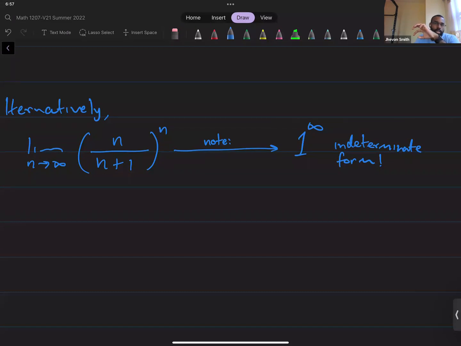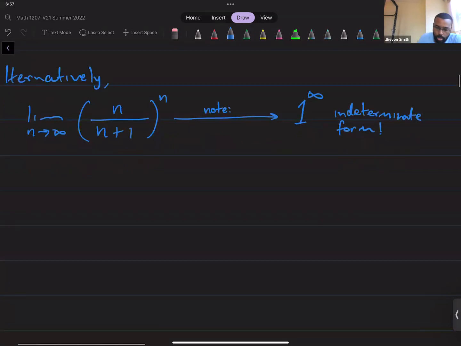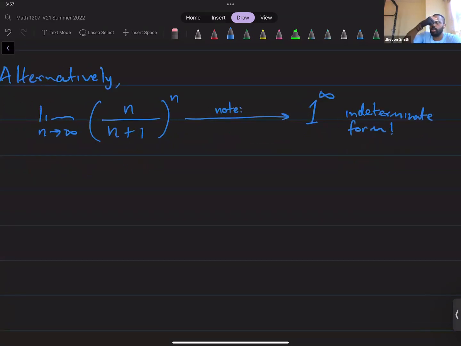If the power going off to infinity is the issue, we can bring it down by using ln's. You can either log both sides, saying y equals this and taking the log of both sides, but you can also rewrite it on the spot, which to me is the preferred method. You can rewrite that thing as e to the ln of that thing.